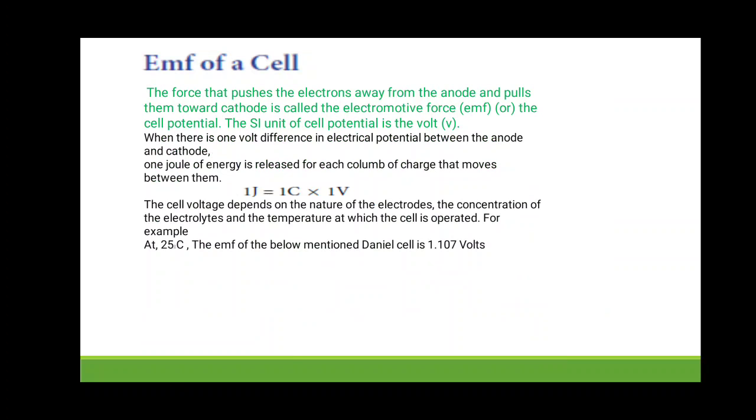For example, at 25 degrees Celsius, the EMF of the Daniell cell mentioned is 1.107 volt.